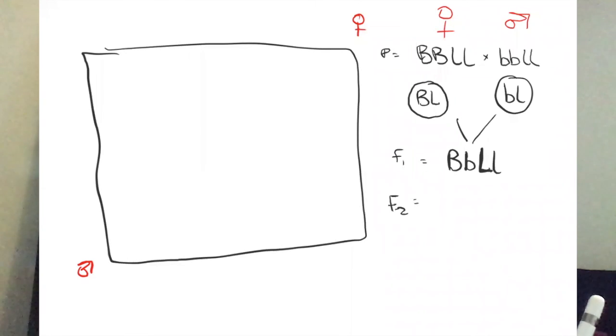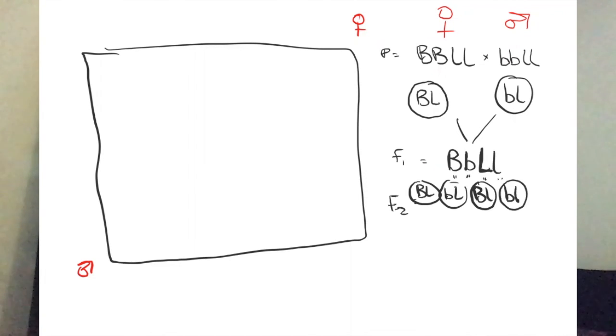Some of their gametes could be this B and this L, some could be capital B, lower L, and some could be little b, little l. So we have 4 possible gametes that can get passed on to the F2 generation. And that's going to require a complex Punnett square.